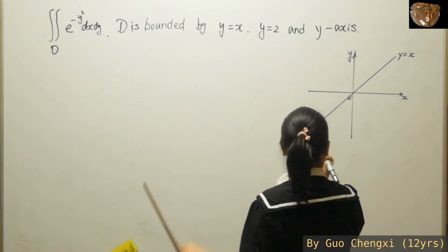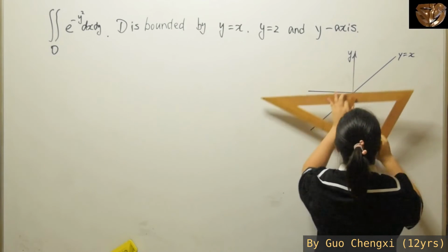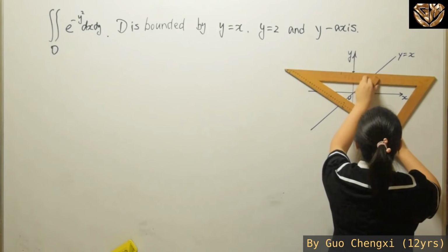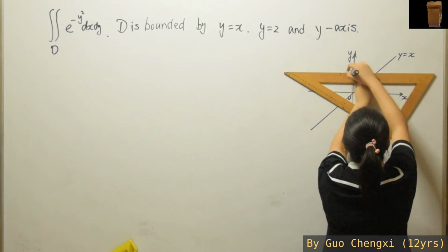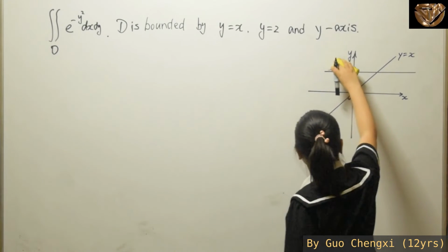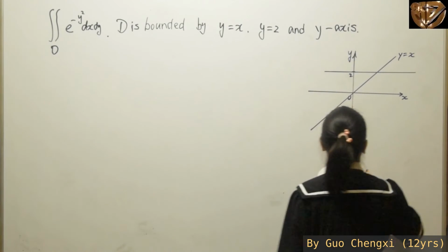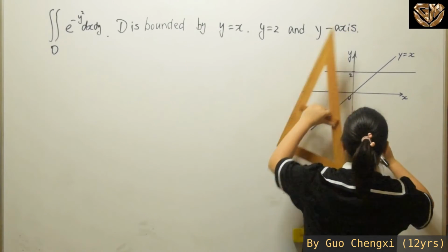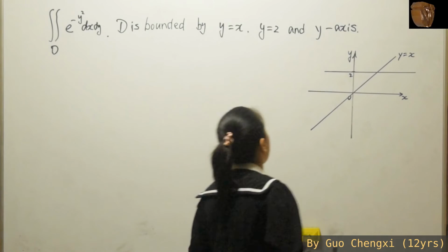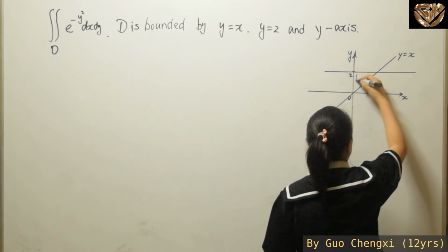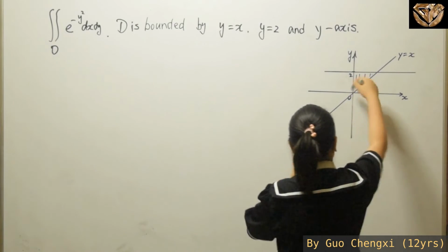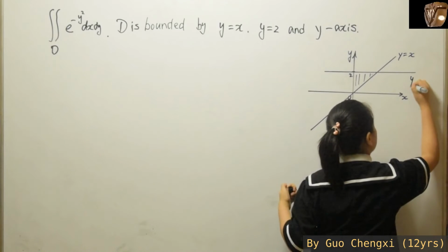And then after that, we also have our y equals to 2, whereas here is going to be t2, and last but not least, we also had our y-axis, which was already there in the first place. So what we have over here is simply just, so our area bounded is by these three lines.